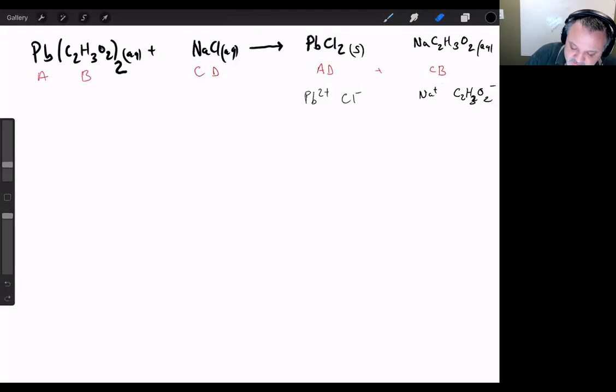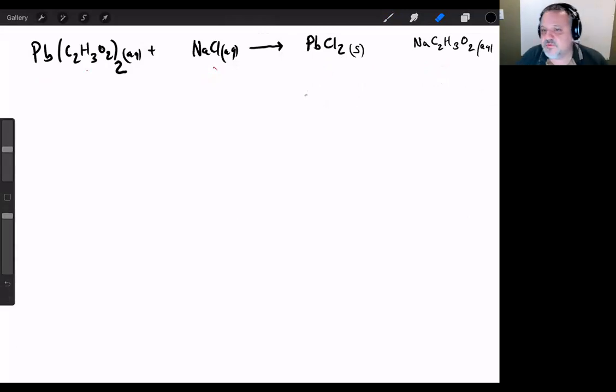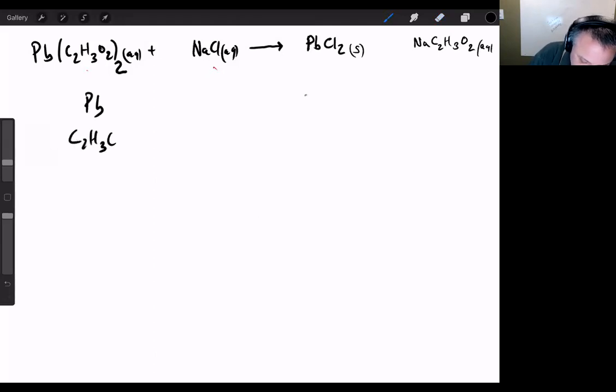So once I've done that, now I can balance. I still want to balance everything in terms of the number of atoms being the same on both sides, but I don't change the formulas. I use stoichiometric coefficients to do that. And so how many leads are there? How many sodiums are there?